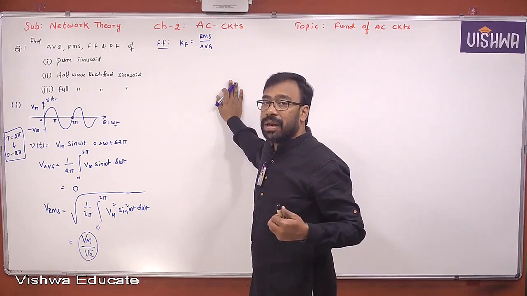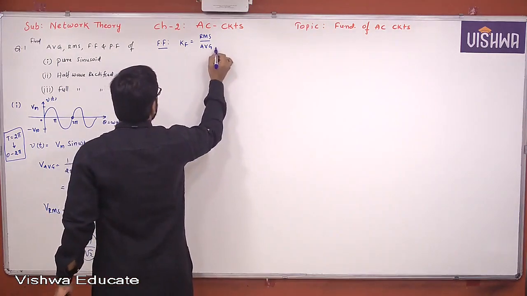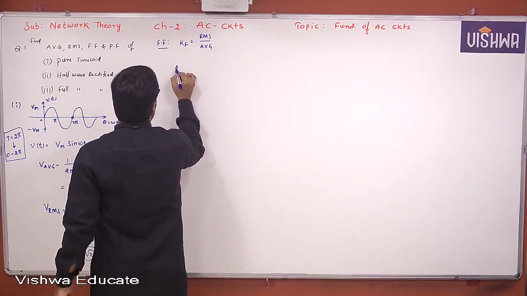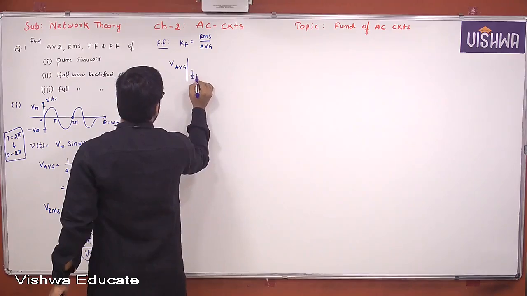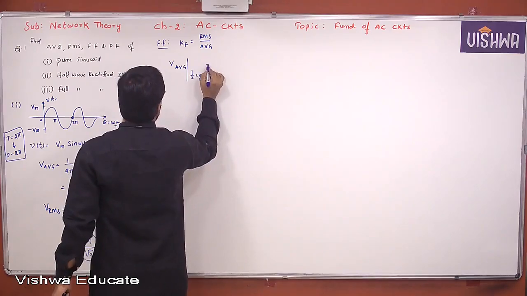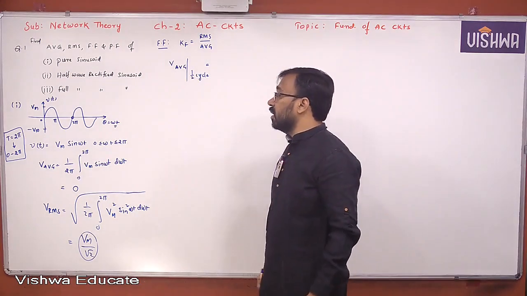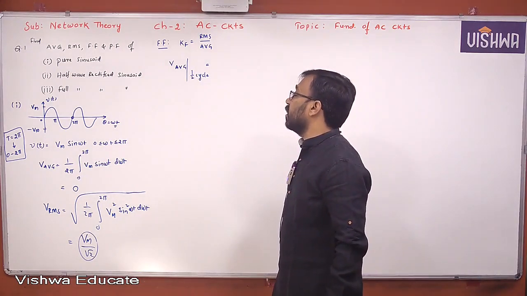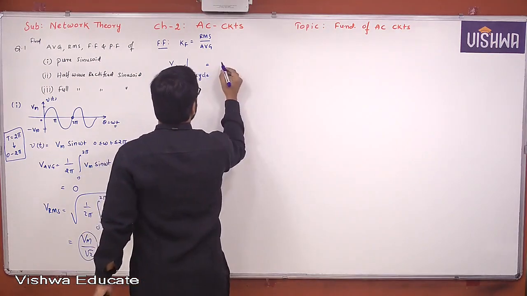It's not a practical value. So therefore, for the sake of form factor calculation, the average value is calculated over a half cycle instead of the full cycle. I told you already that only for the sake of form factor calculation, the average value must be calculated only for a half cycle. Understand?